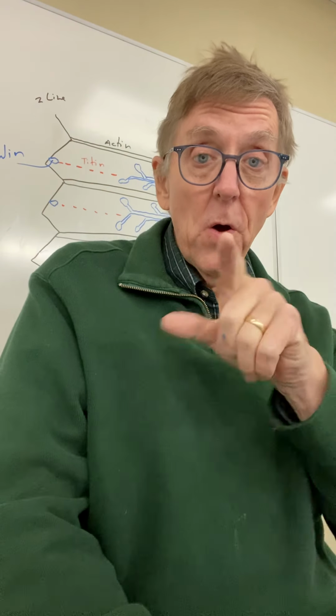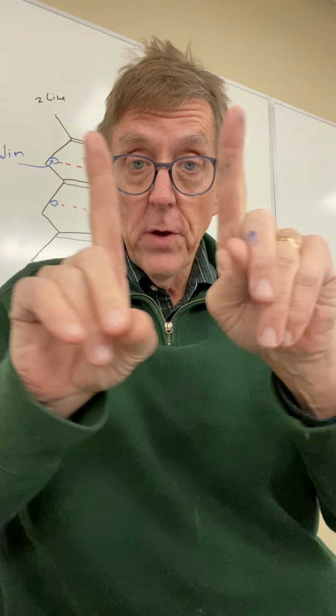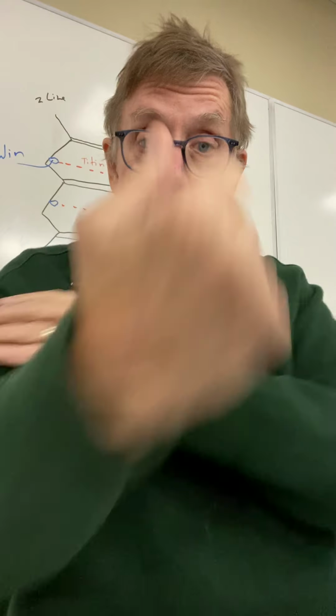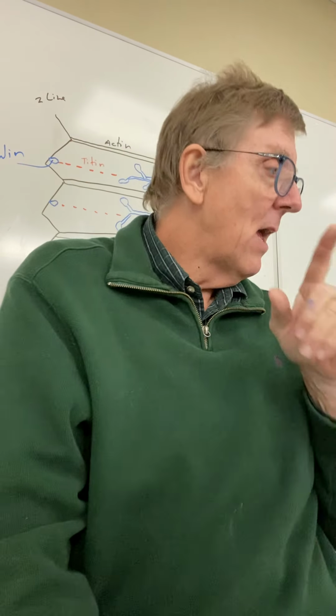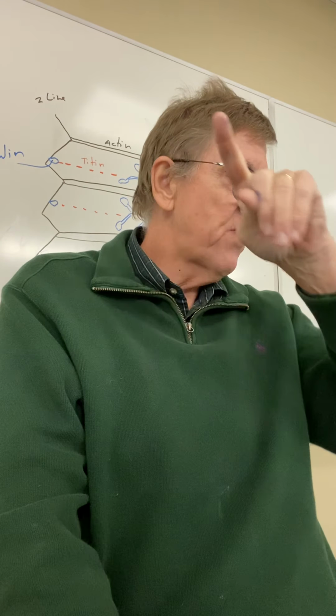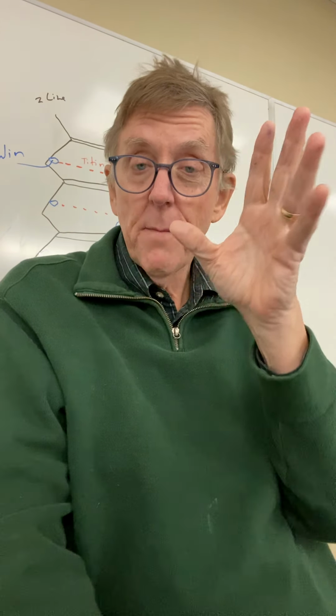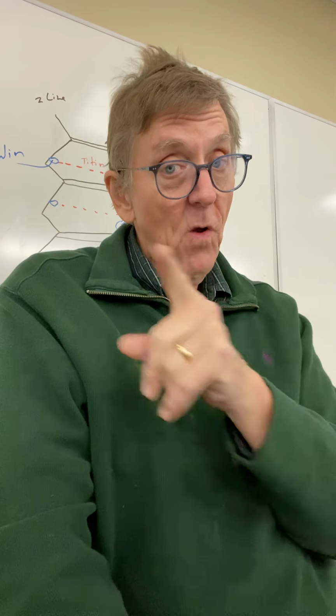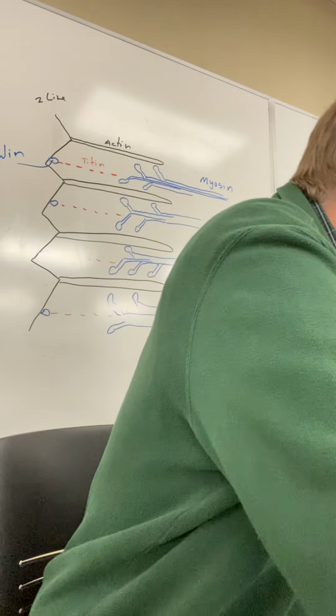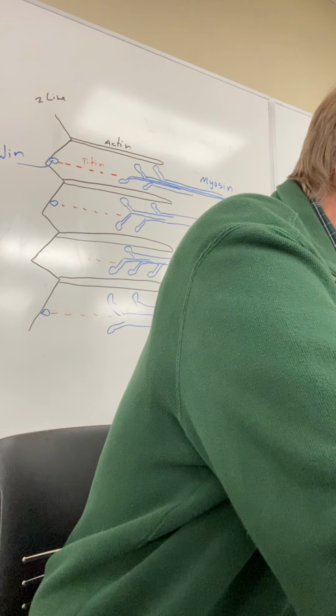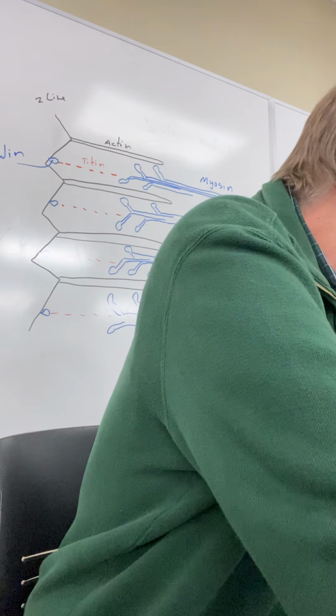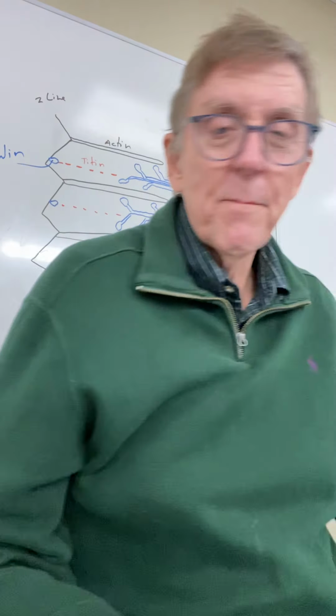And we had said those are going to interact to pull those Z lines inwards, shortening our muscle. So the myofibrils are arranged as part of the sarcomere. And like I said, we have a whole lot of these darn things.